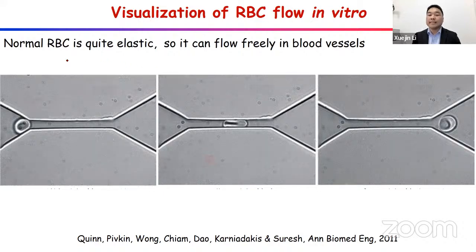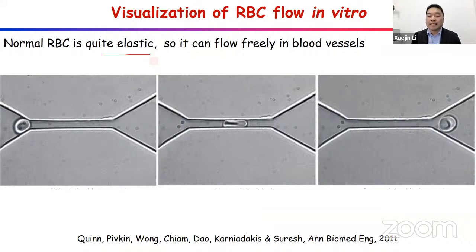In healthy condition, a normal red blood cell is quite elastic, so it can bend and flow freely without any damage when passing through narrow blood vessels.